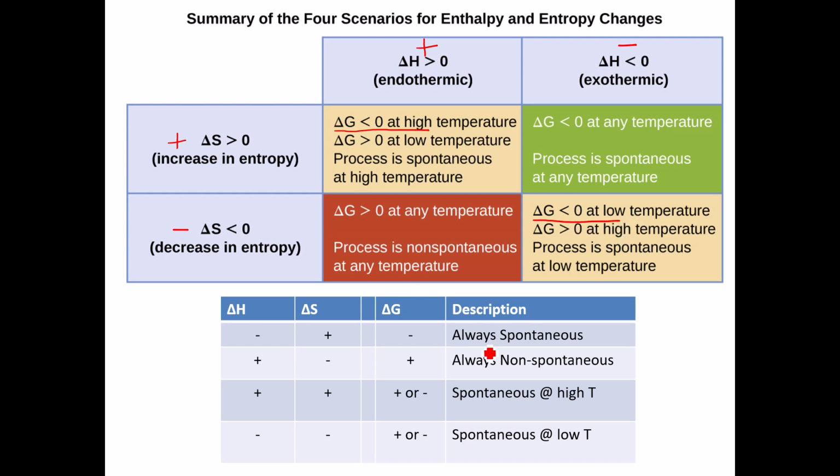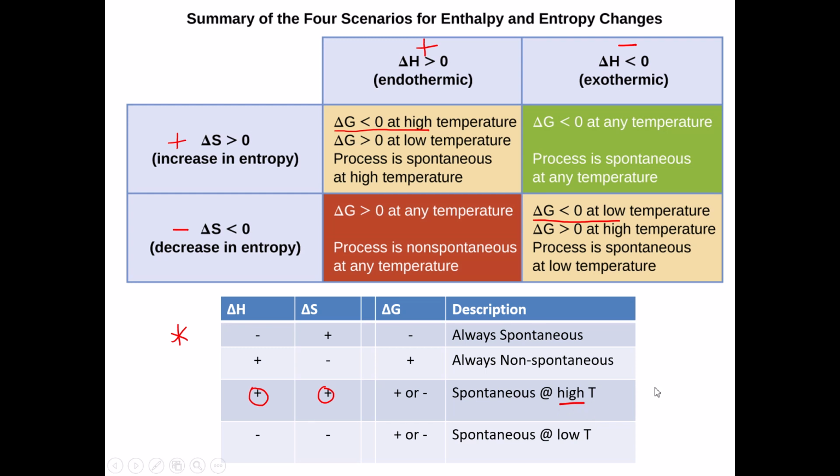I find the most helpful way to remember it is actually in this format down here. So we have our always spontaneous, our exothermic with our increase in entropy. Our always non-spontaneous is the opposite, so endothermic, decrease in entropy. But for our two temperature dependents, if they're both positive, then it's spontaneous at high temperatures. So I think, positive, positive, up.